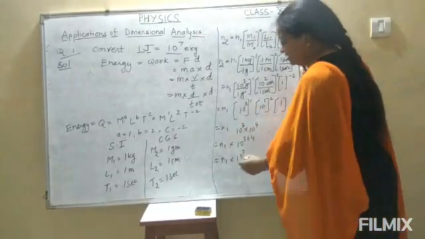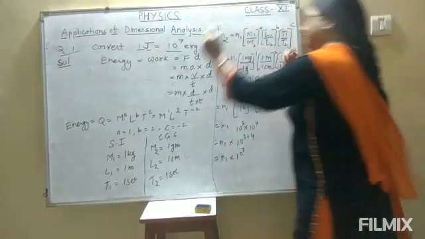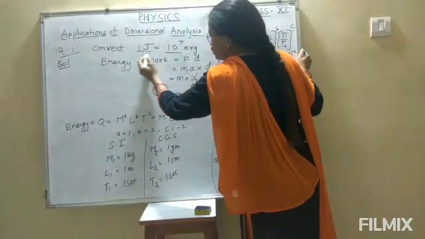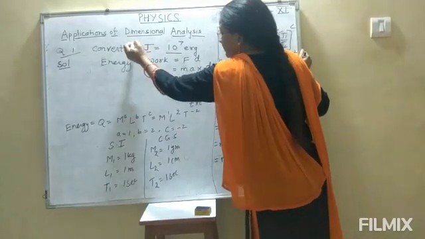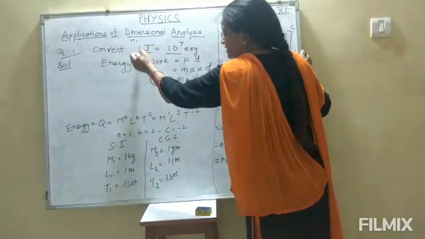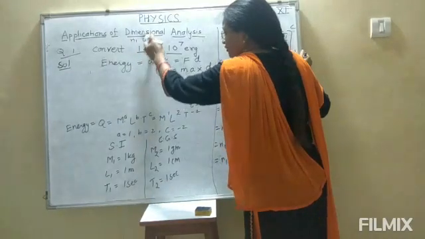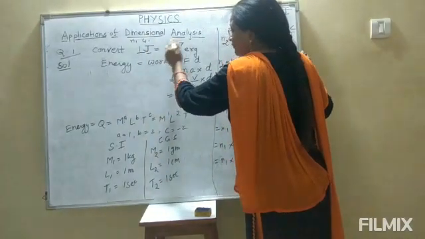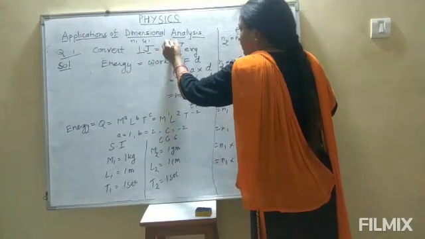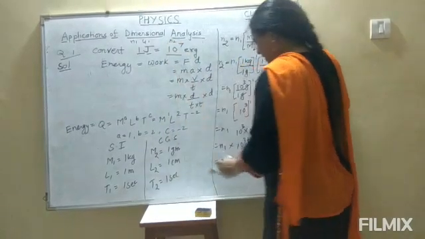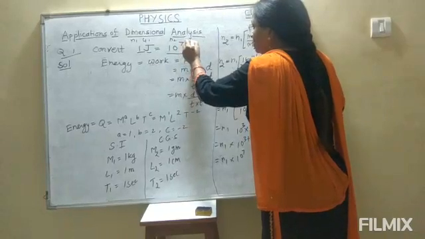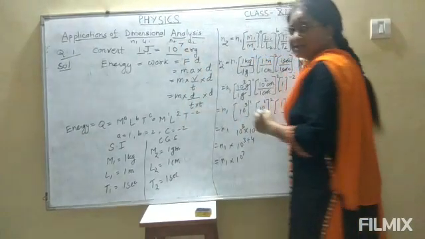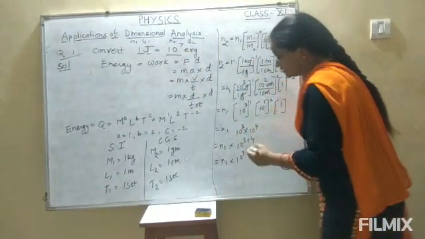So here we will just compare. It is given in the question: 1 joule is equal to how many erg. So here 1 means N1, the value of N1 is 1. U1 is the unit in the SI system of energy. N2 that we have already calculated, that is 10 raised to power 7 into U2, and U2 is the CGS unit of energy.